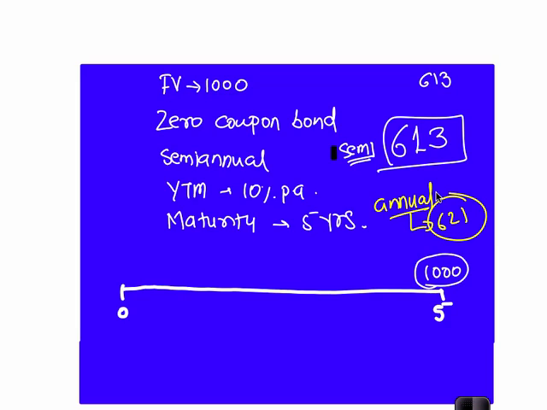Because 10% per annum semi-annual is substantially higher than 10% per annum annual. These are completely different rates. So 10% semi-annual is actually 1 plus 5% raised to 2, minus 1.